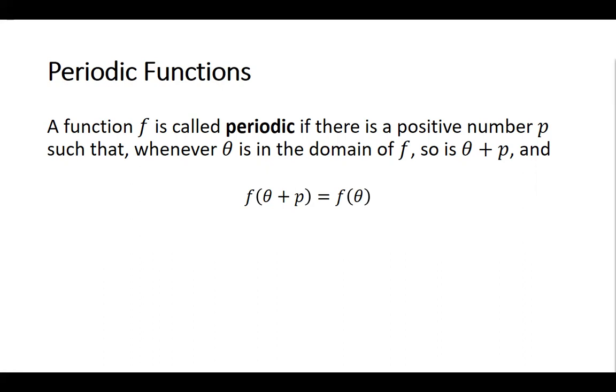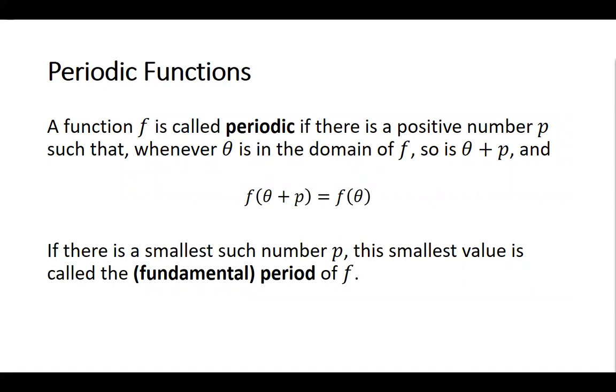And that's the same idea here with these, that a full rotation or a full cycle or a full period is the time that it takes to get from one point in the cycle to another point that's the same in that cycle. If there is a smallest such number p, this smallest value is called the fundamental period of f.